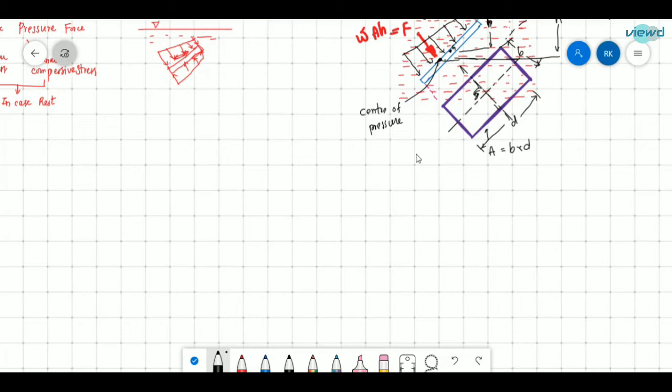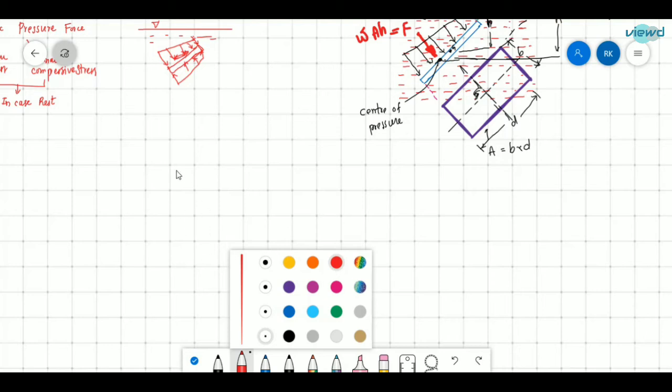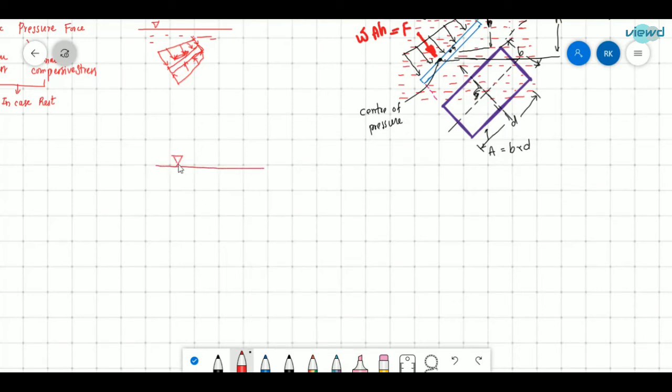If this is the free surface, and the plate is horizontal now, in this case theta is equal to 0, and h star will be h bar plus I_Gx by A h bar sine square theta.